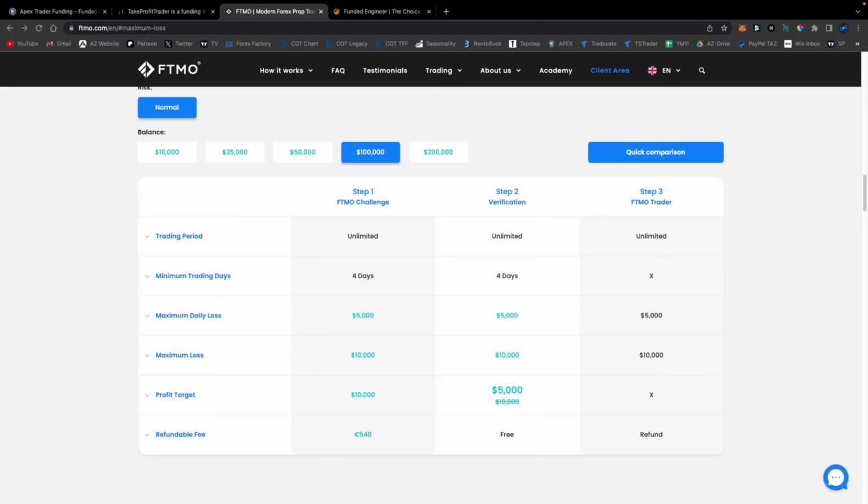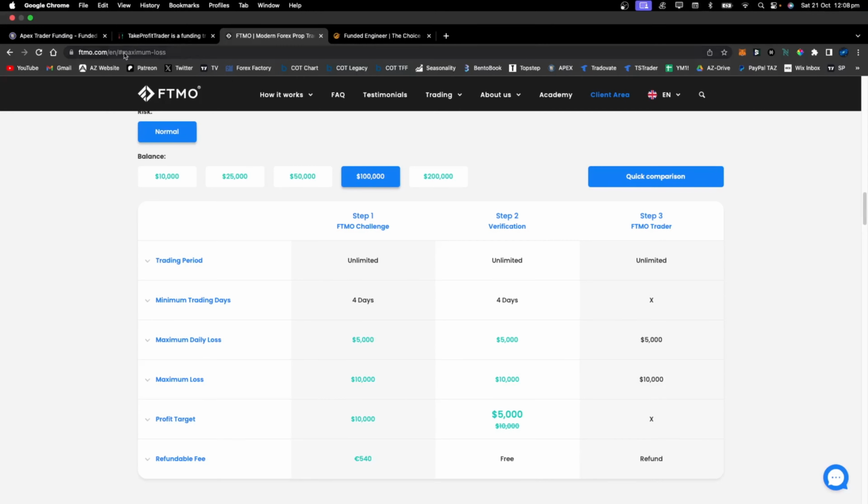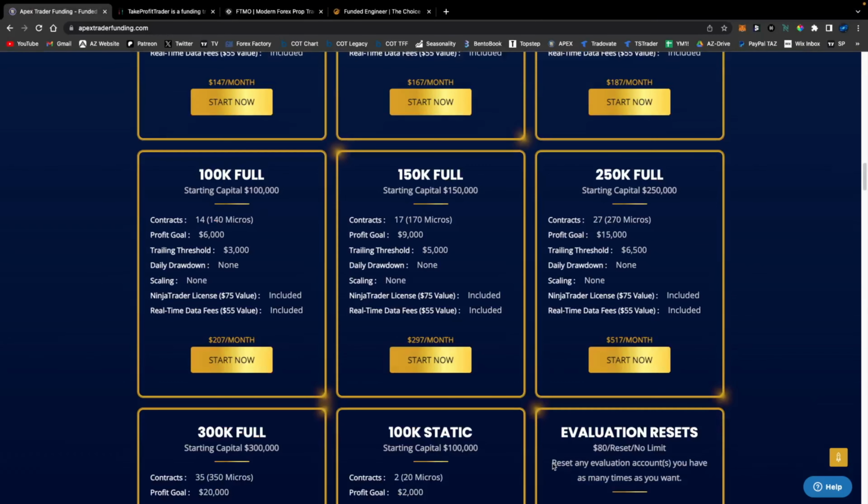No questions asked. Imagine you're 1% away from your take profit target at Topstep or Apex Trader Funding. At this point in time, you're 1% away. You're only able to lose 3%. So you always have that in the back of your mind. If you lose more than 3% after being up 5%, your account is gone.